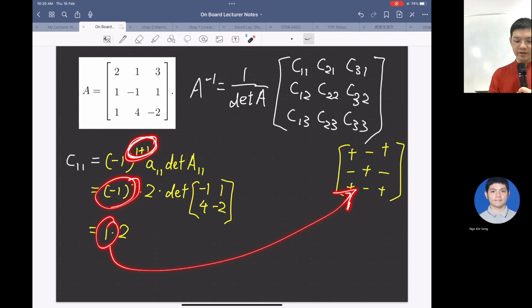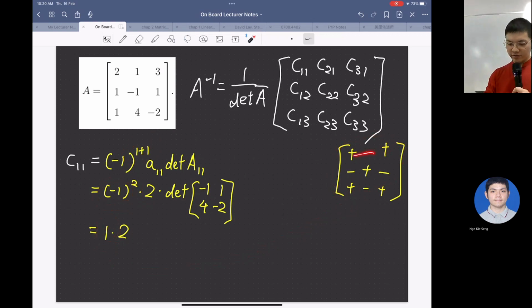You don't need to remember the signs, just follow this table. What is the determinant of minus 1, 1, 4, 2? It is 2 minus 4, which is minus 2. So the first entry is minus 4.